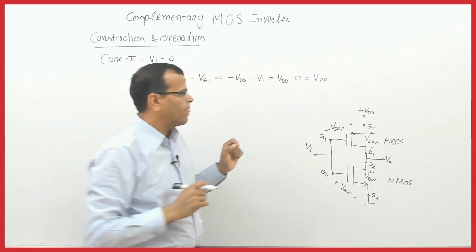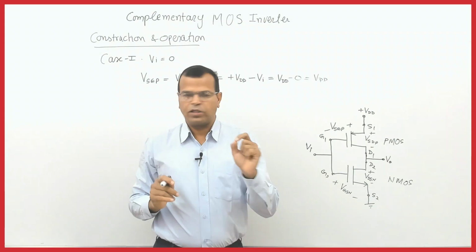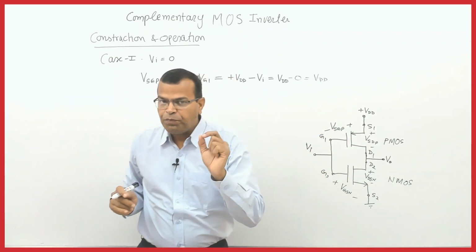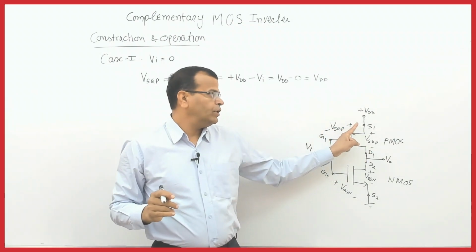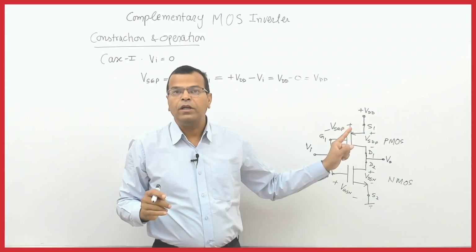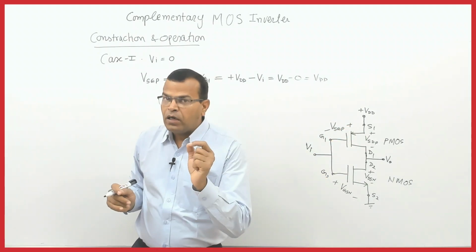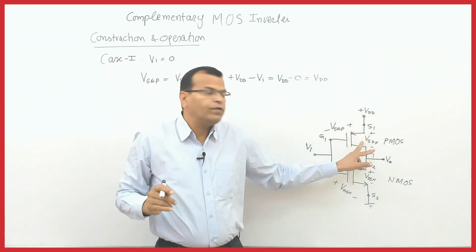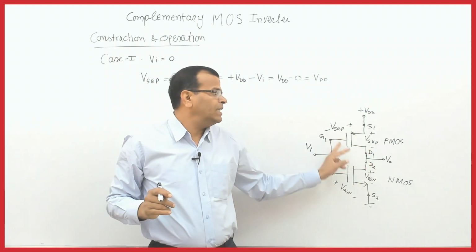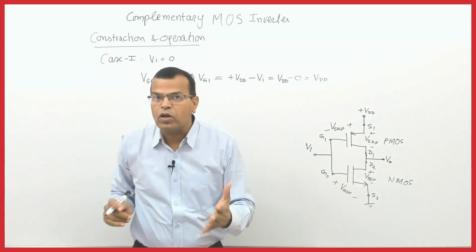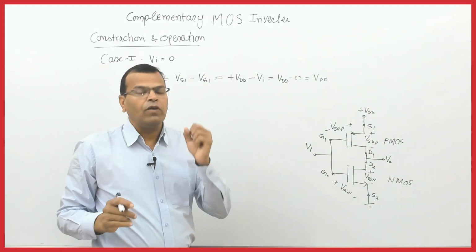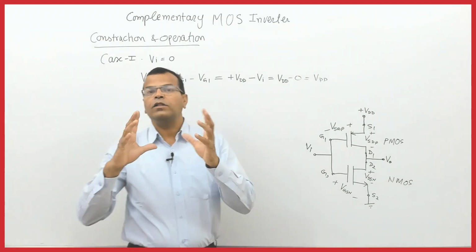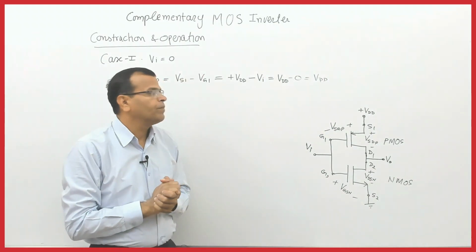Remember, in case of PMOS, when voltage VSGP is more than the threshold voltage of the PMOS, then this PMOS will be on. What is the meaning of on? That is an important point here to be understood.